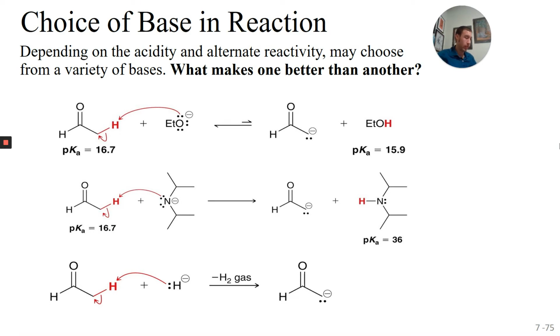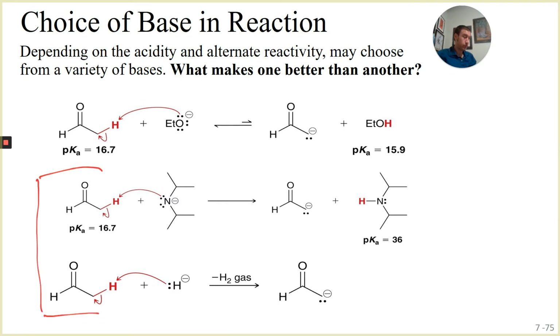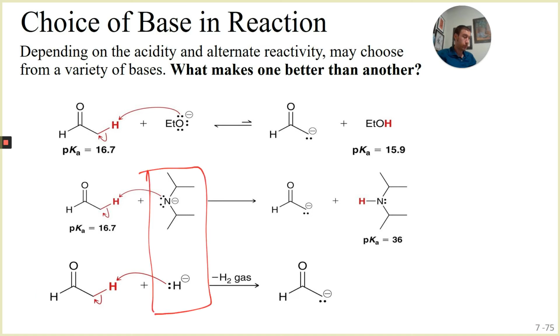So when we're looking at these, I would argue, because hydroxide we consider as a strong base, that we need a new definition, or a new terminology. As I box in the non-bases, the LDA and the sodium hydride are so much stronger of a base that we need to give them a different name, okay?